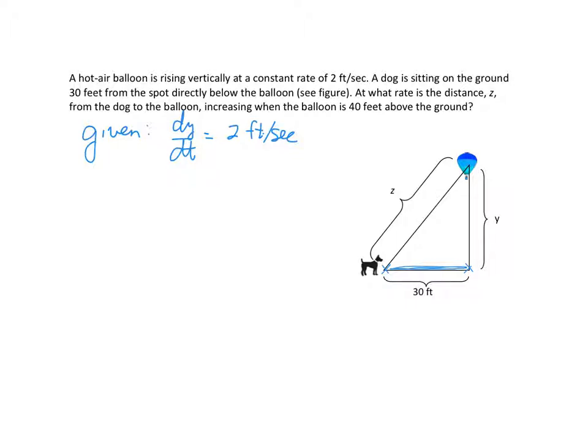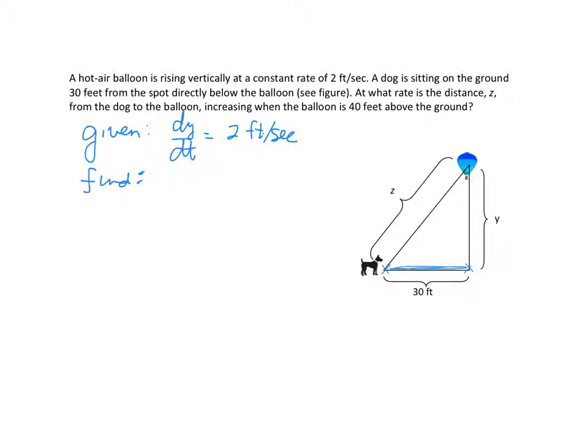Okay. Also, we need to write down what it is that we're going to find. And what we're looking for is the rate at which the distance from the dog to the balloon, that's called z, is increasing.